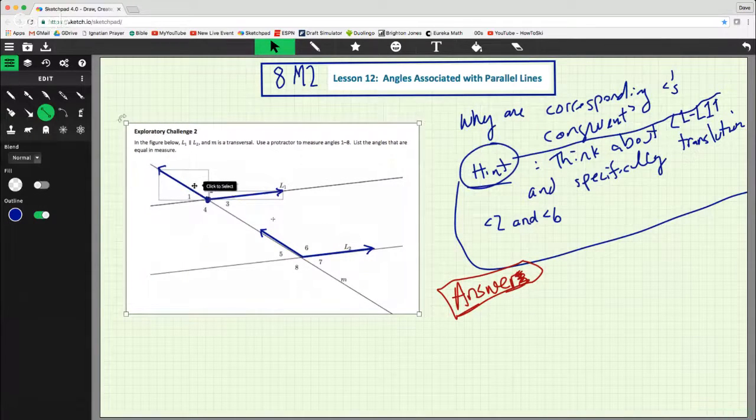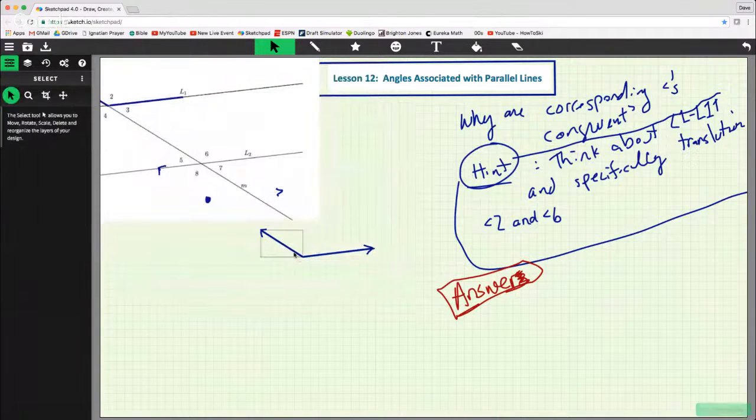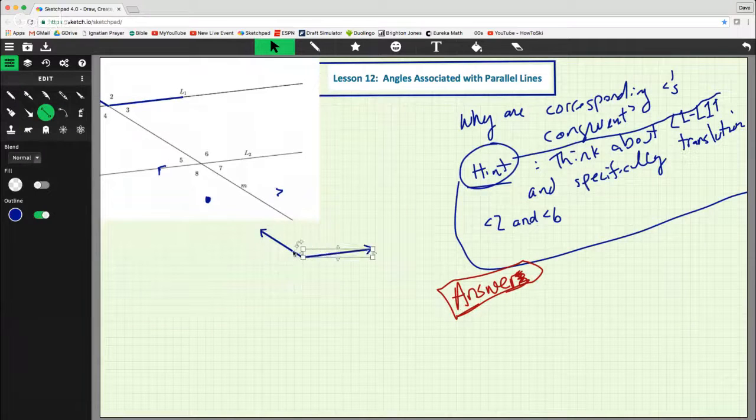But if I just drag this angle straight down to this angle, notice I would be translating it along this line here. If I translate that angle by dragging it down to this other angle, it would be here. Yeah, so there we go.